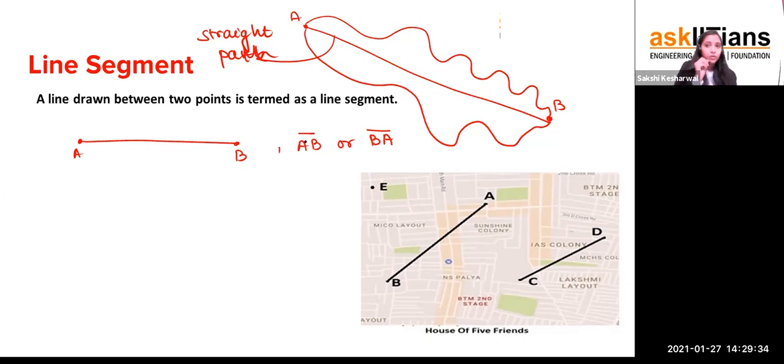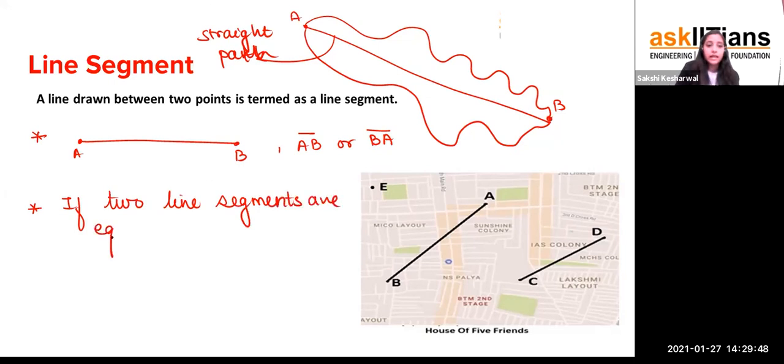And one more thing: two line segments are equal only when their lengths are equal, right or not? Yes or no?